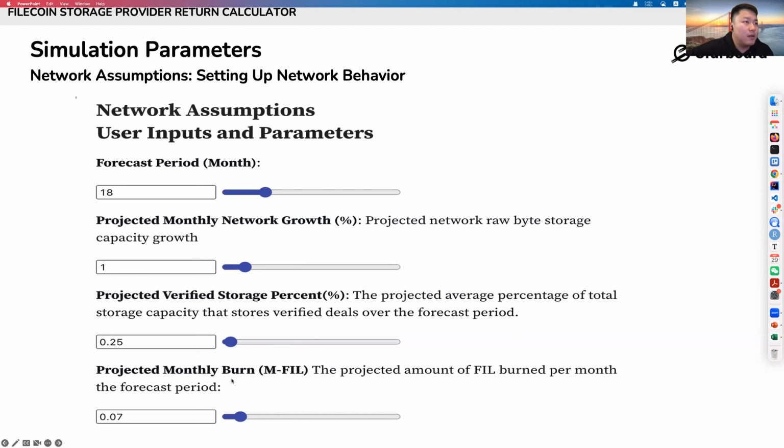Keep in mind that all these can be swept. If you just want to see, you can drag these different toggles and see how, when one certain network assumption changes, the corresponding economic output changes accordingly.